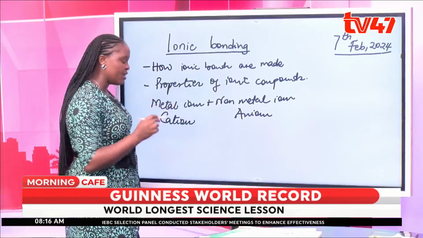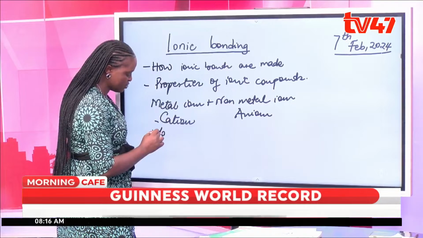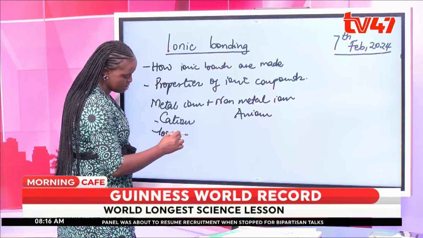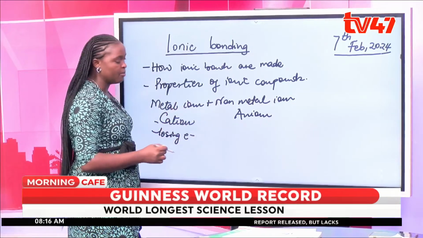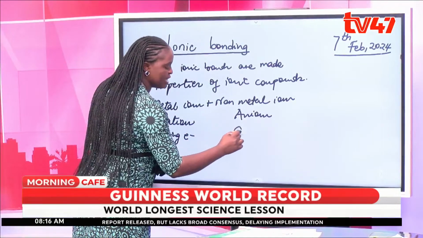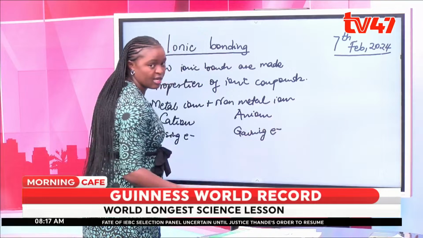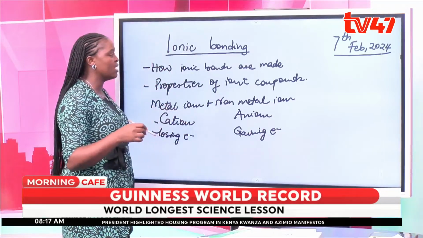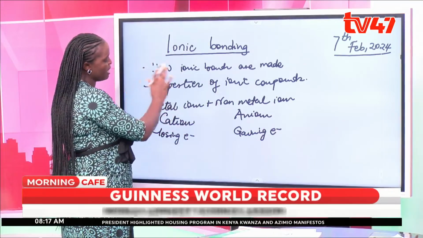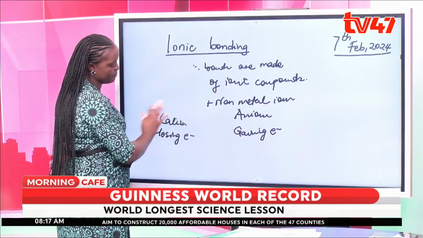We get cations by losing electrons from an atom, and we get anions by gaining electrons into an atom.